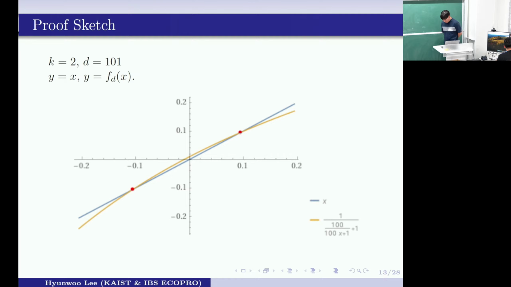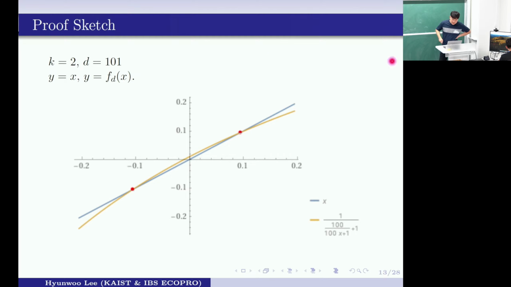Now I will compare the two cases when k is 2 and k is 3. Let k be 2 and d be 101, and I will plot these two graphs. The blue one is the graph y equals x, and this yellow one is y equals f_d(x), where d is 101.